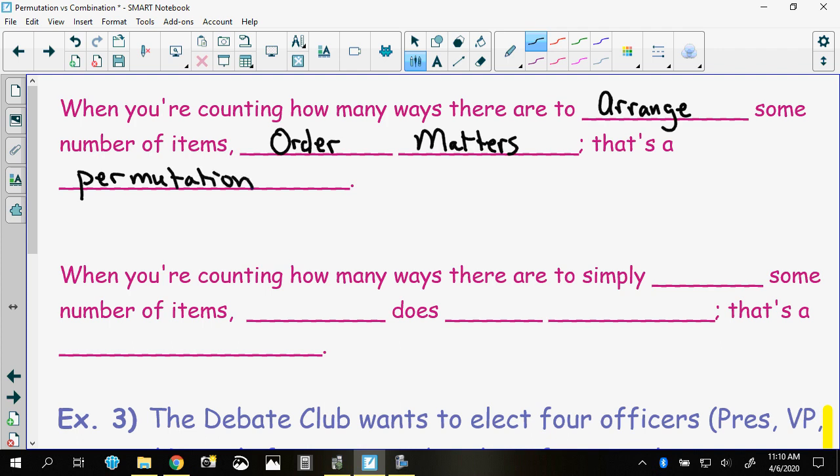Now, when you're counting how many ways there are to simply group some number of items, then the order does not matter. And that is a combination.